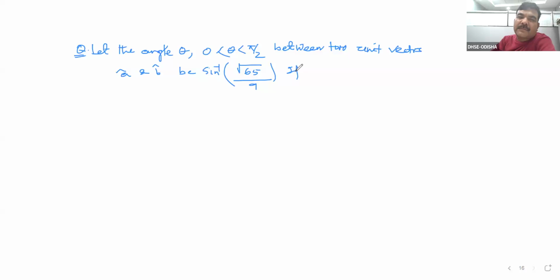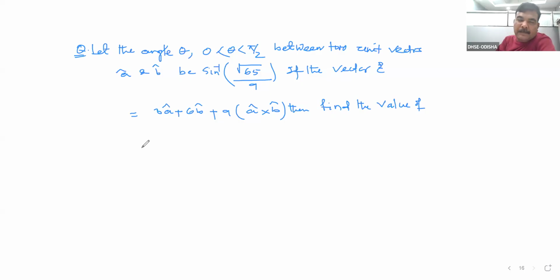If the vector C equals 3A cap plus 6B cap plus 9 A cap cross B cap, then find the value of C dot A minus 3 C dot B. This is dot, not comma.